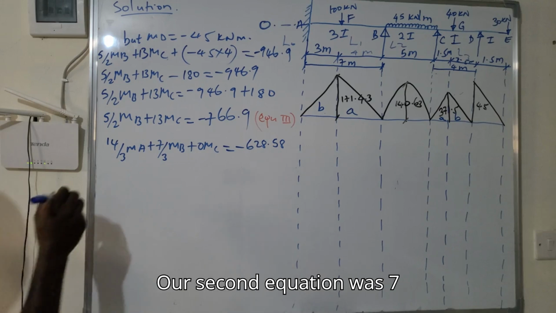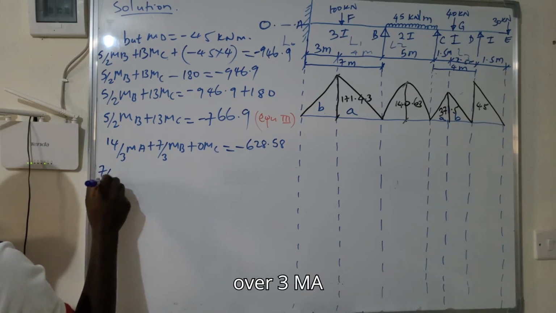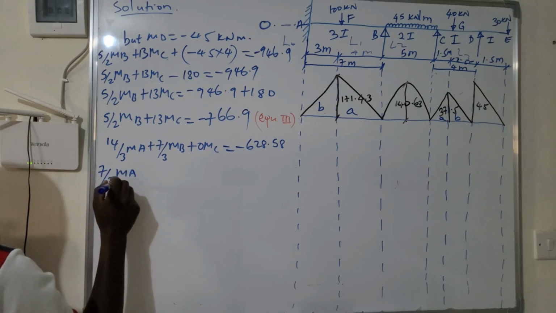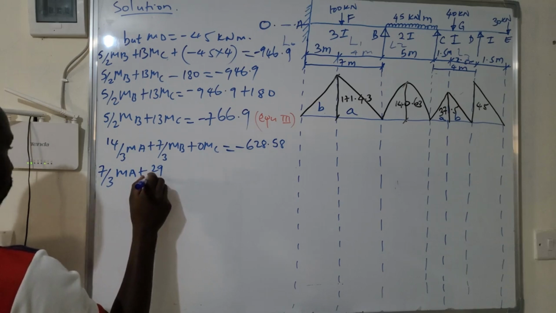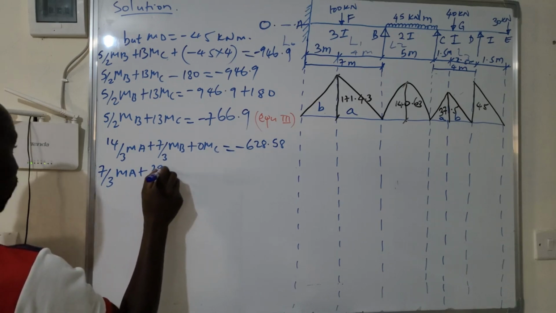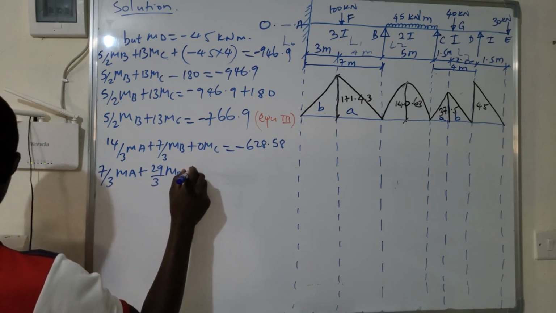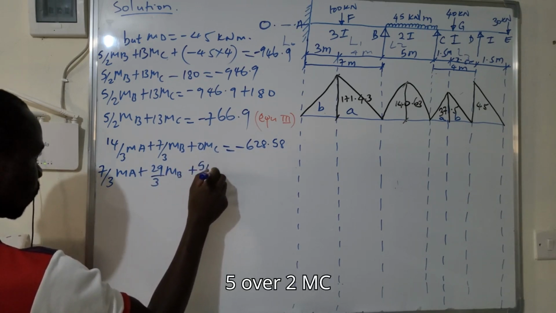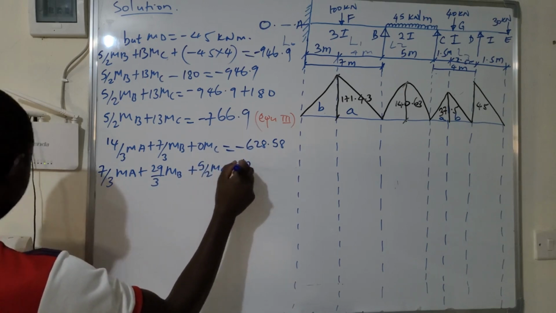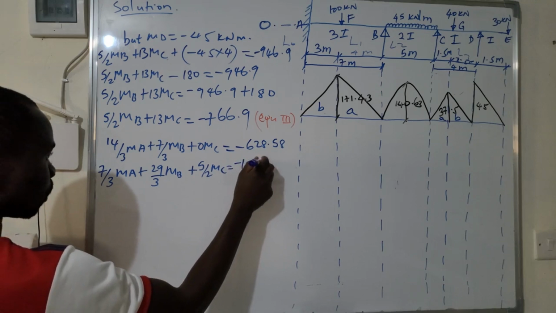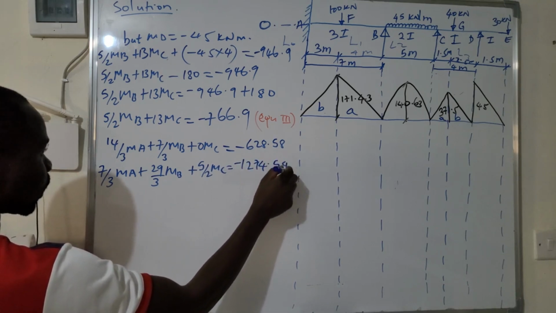Our second equation was 7/3 MA plus 29/3 MB plus 5/2 MC is equal to negative 12.74.59.